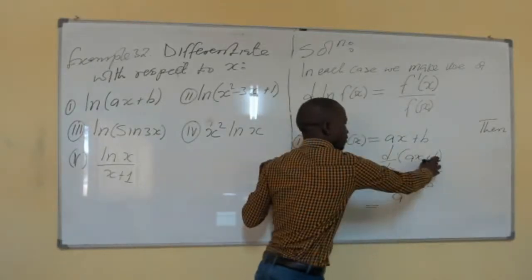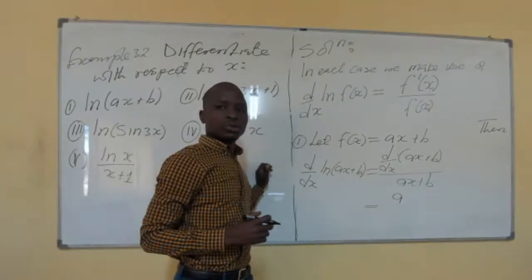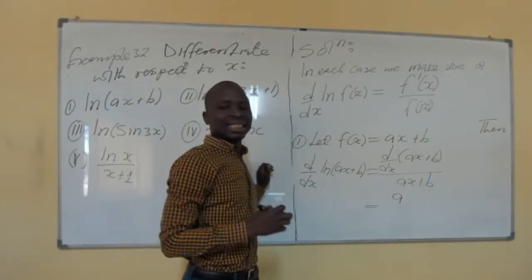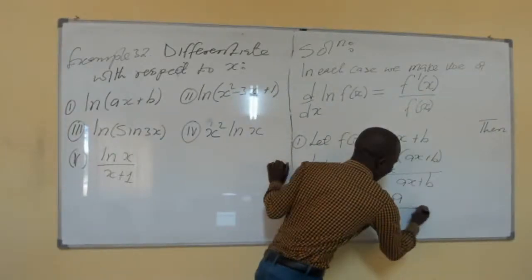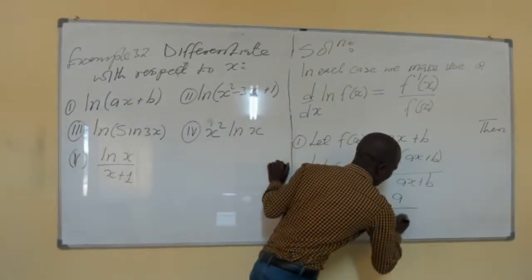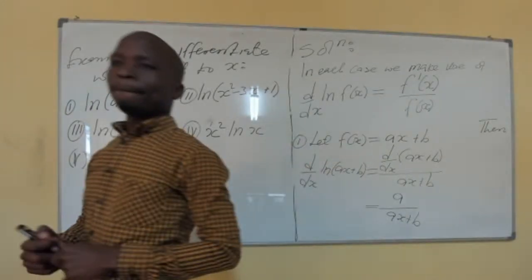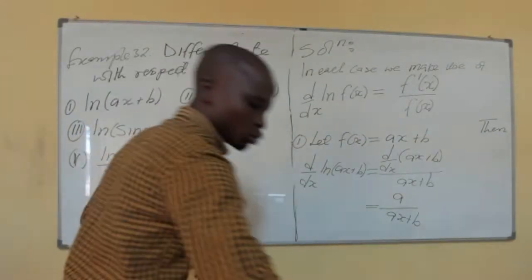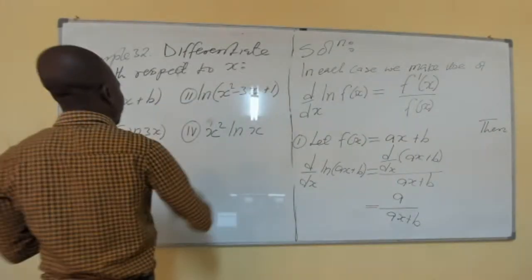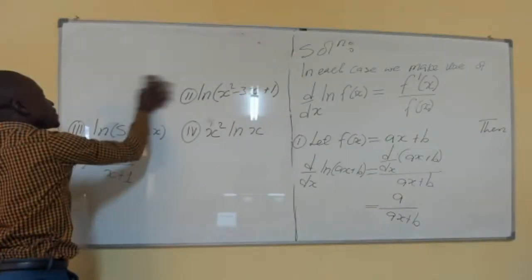The derivative of b with respect to x is 0, because b is a constant, so we get a over ax plus b. The a and b here are constants. Please don't think of them as functions of x; they are just numbers, any numbers you can think of.